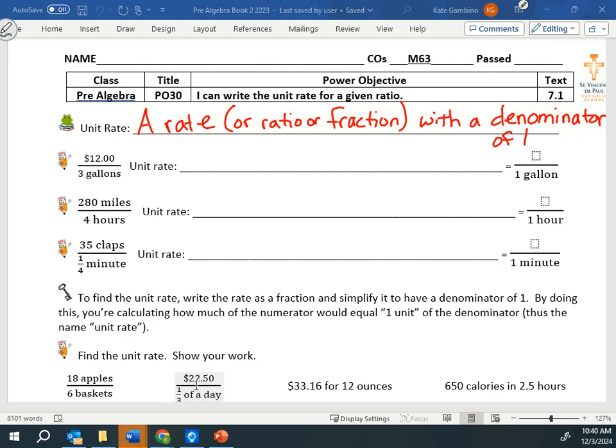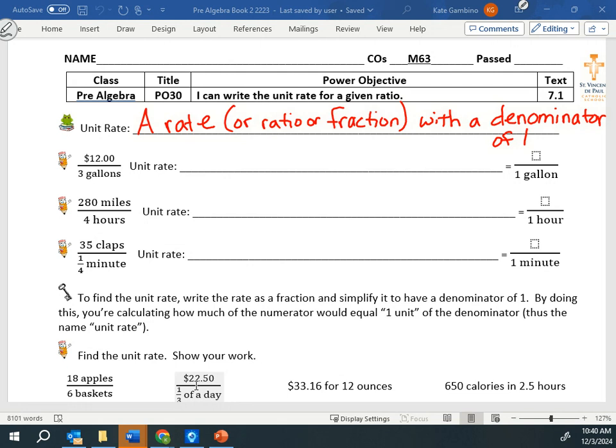So when we want to find that unit rate, we always want to turn that denominator to 1 using those equivalent fractions. Same scale factor, whatever we do to the denominator to make it go to 1, we do the same thing to the numerator.